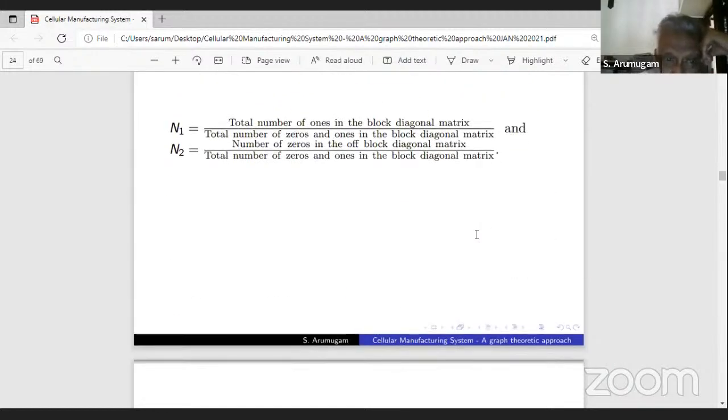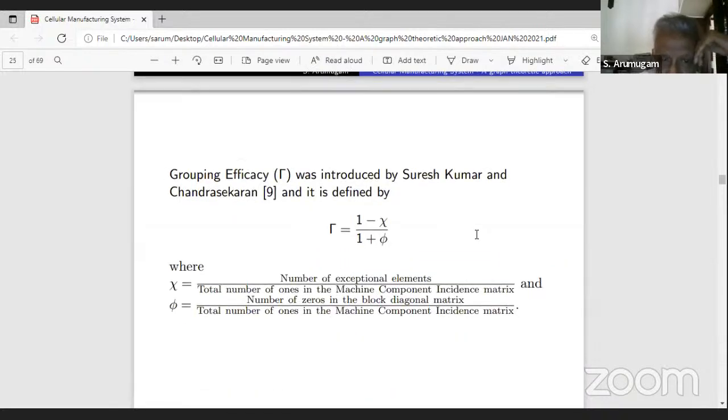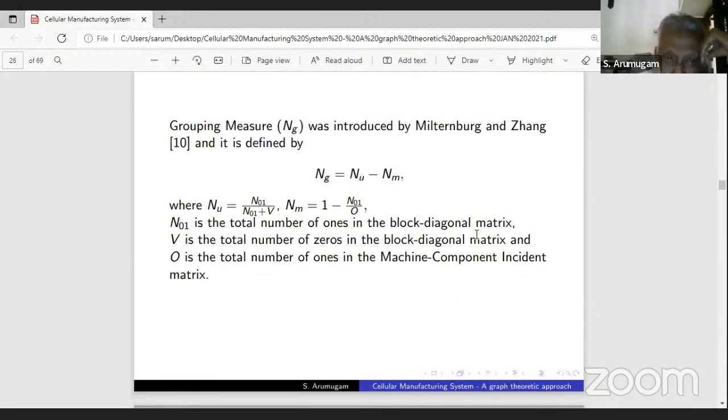So you have this parameter to decide how efficient the solution is. Similarly, they have defined efficacy. I won't go into the details of all these parameters. This will take so much time. The point is, certain measures have been developed by the engineering community to study how efficient a solution is to the cellular manufacturing problem.